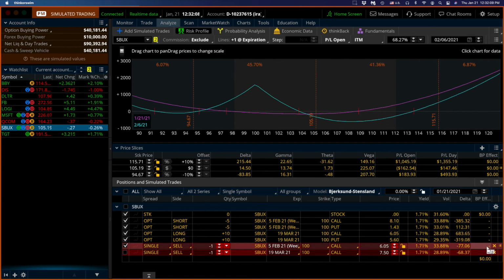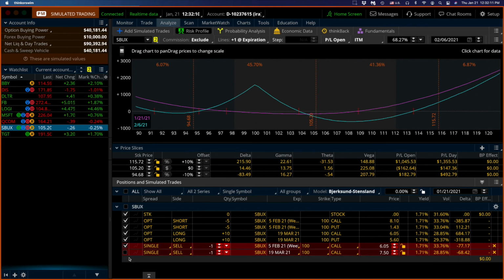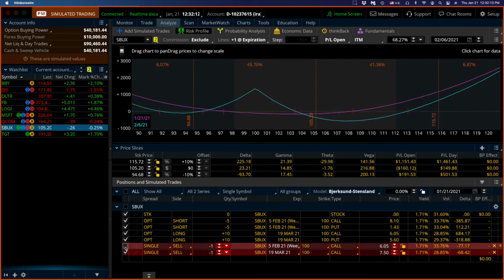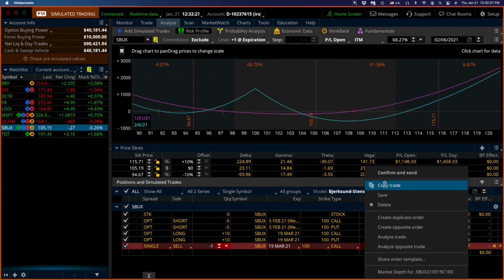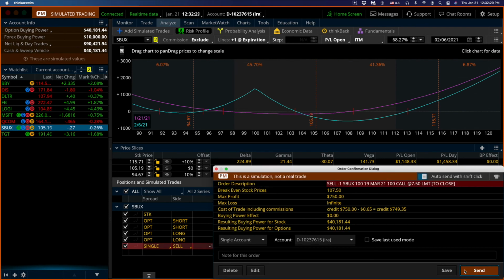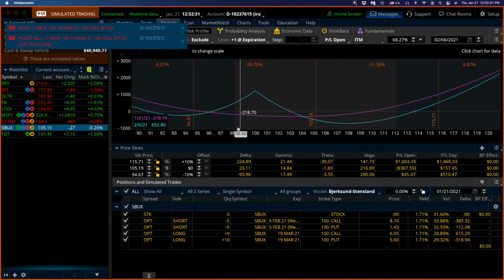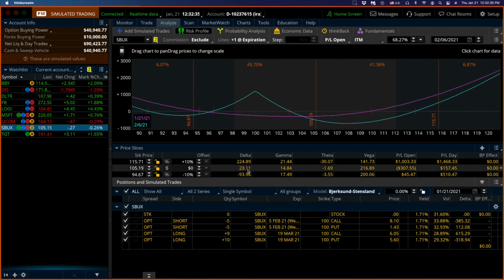So I want to do the back month because the deltas are more, 23. I want something between 0 and 50, preferably between 10 and 50 deltas. Okay, let's do that. Confirm and send and get a little money out of that. That's more delta neutral. In case of doubt, always try to neutralize your deltas.